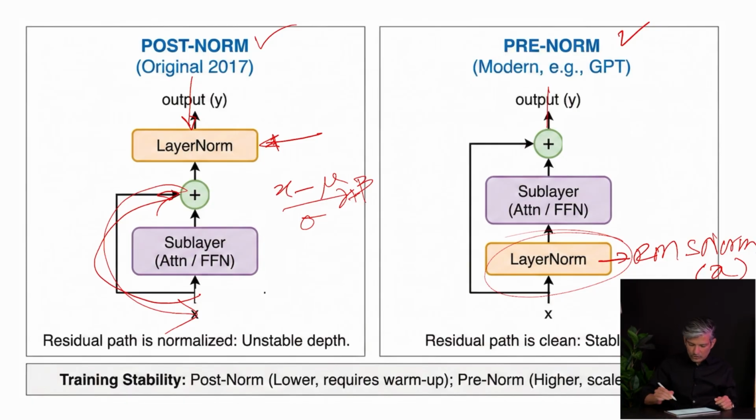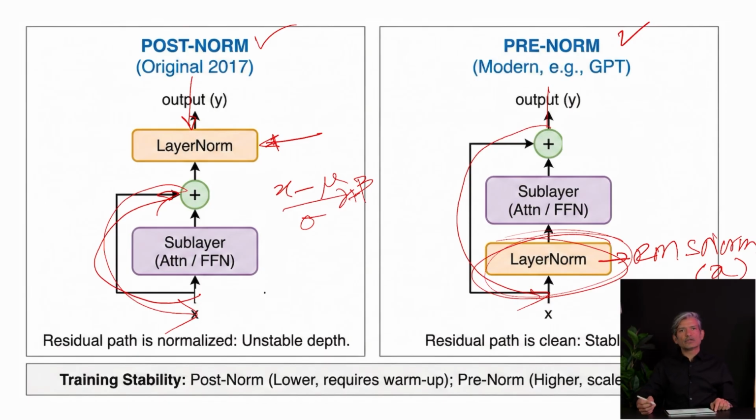So you do your layer norm pre, not post. This is one of the things that has happened since then. And the advantage is that it increases training stability. Post norm requires this warm up where you train with lower learning rates initially, but pre norm does not have those issues, and you can train with higher learning rates and it scales much better.